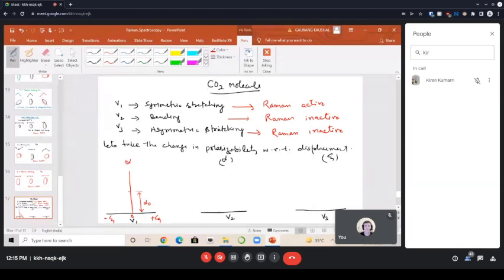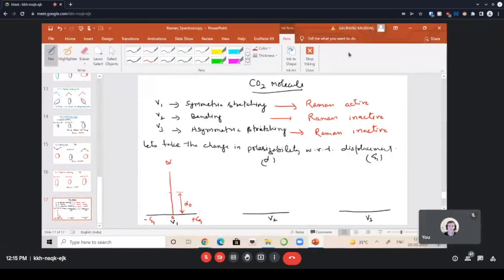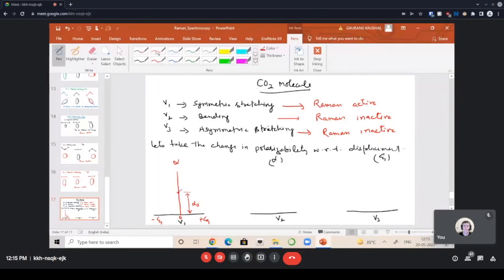At the equilibrium position, the polarizability is alpha naught, the equilibrium polarizability of that molecular ellipsoid. When you elongate the bond, the polarizability changes like this. Similarly, when you decrease the bond length, it changes like this. This is the case for symmetric stretching of the bond.